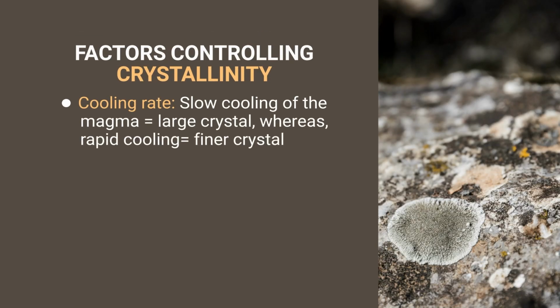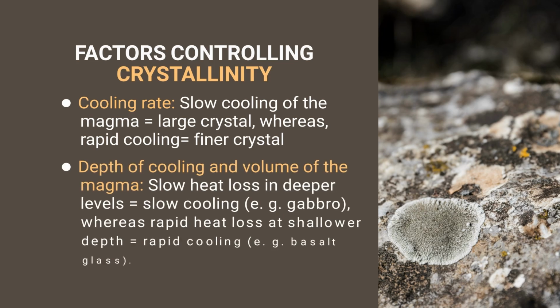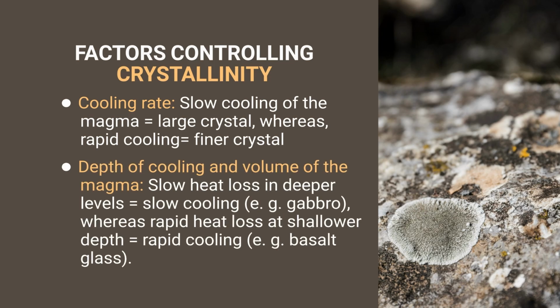Slow cooling of the magma gives large-size crystals, whereas rapid cooling gives rise to finer grain-size crystals. Depth of cooling and volume of the magma can also be assessed with the help of grain size. Slow heat loss at deeper levels shows slow cooling, whereas rapid heat loss at shallower depths shows rapid cooling of basalt and glass.